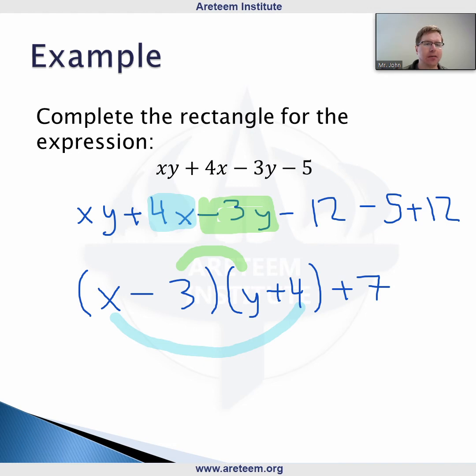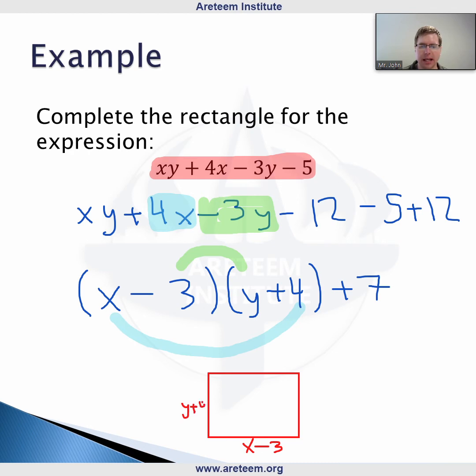And so now, going back to this full picture, what's happening here again? This area, if we think of this as a geometric area, we can think of that again as a rectangle. So we have our rectangle now. This rectangle is going to be x minus 3 by y plus 4. And as long as we want to make this match our original expression, we need to add 7, because then that expression down here will be equal to the expression above.